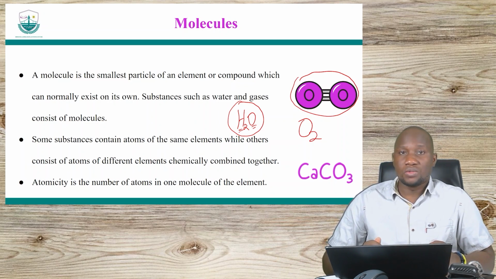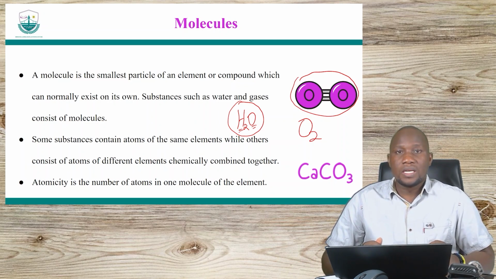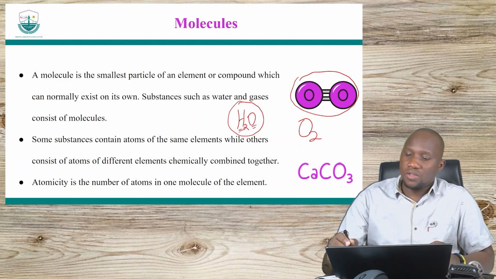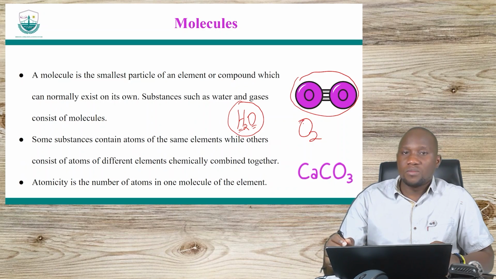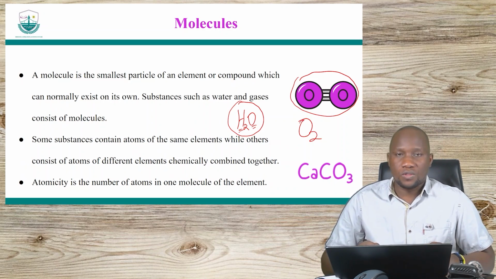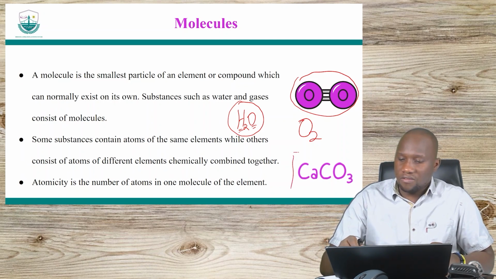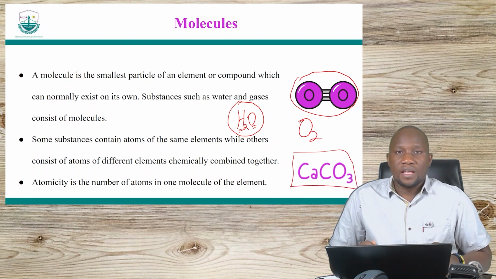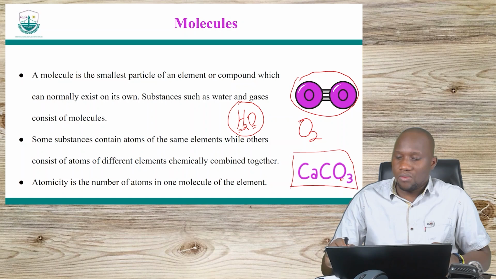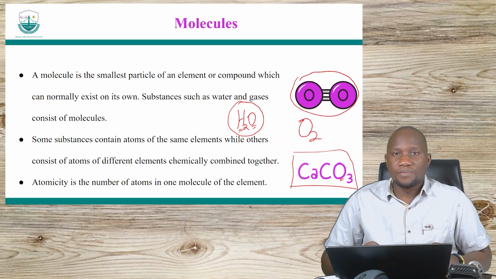So you can have a molecule that has atoms that are of the same element, but you can also still have a molecule that consists of atoms of different elements, just like water. So oxygen is two atoms, but those two atoms are of oxygen, so it's of the same element. So here we are having calcium carbonate. Calcium is an element, carbon is an element, and then we have also oxygen here.